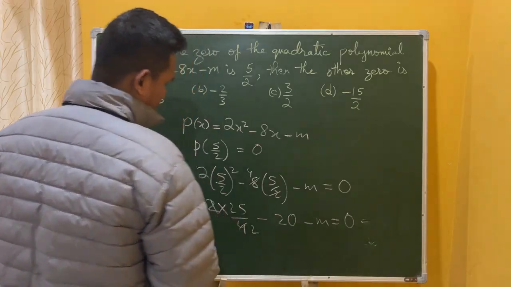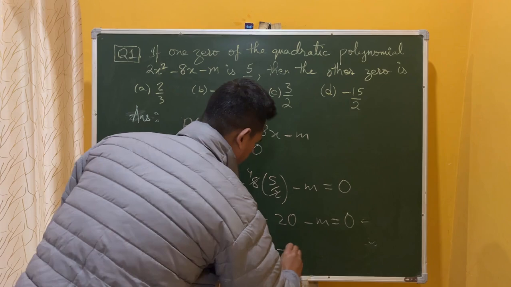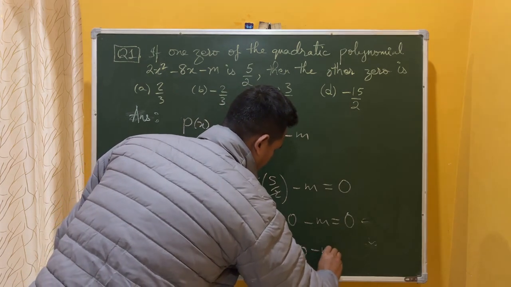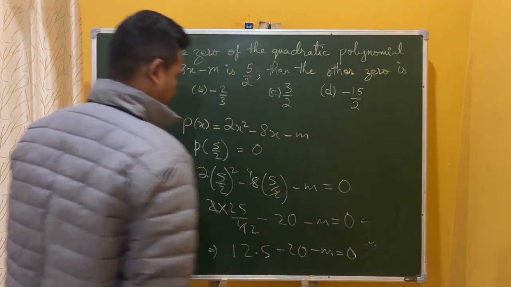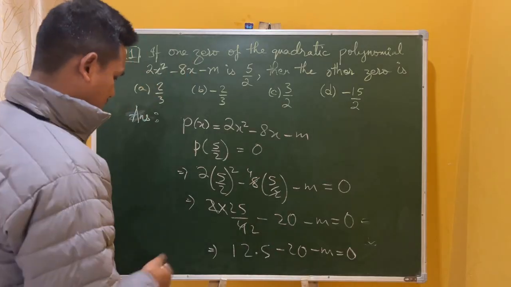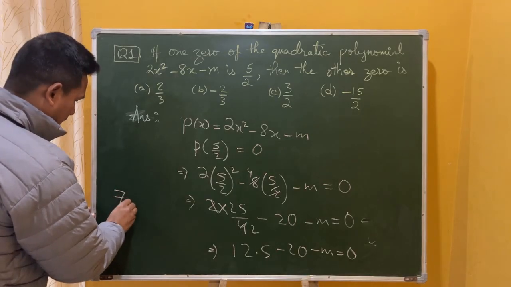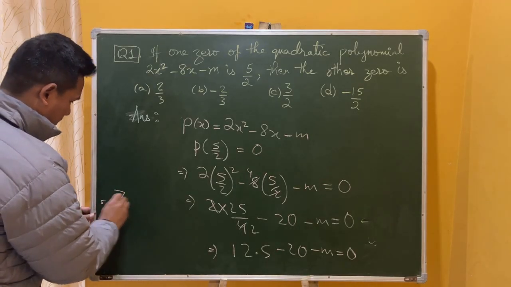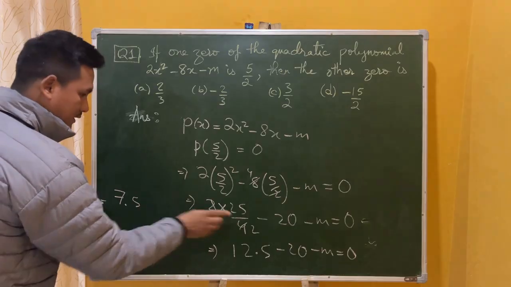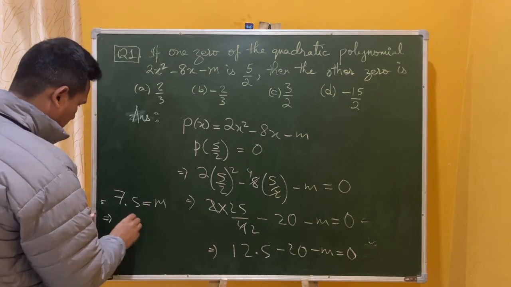So 25 by 2 is 12.5 minus 20 minus m. So 12.5 minus 20 is how much? It's 7.5. I'm writing it here because I don't have space. 7.5, you send m to the other side, equals m.